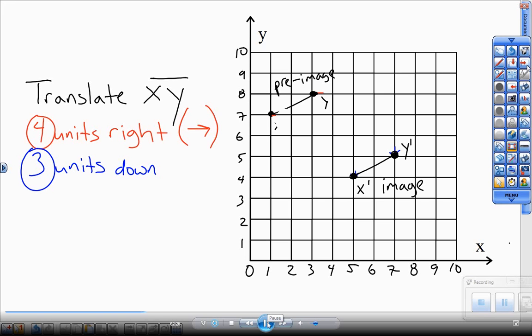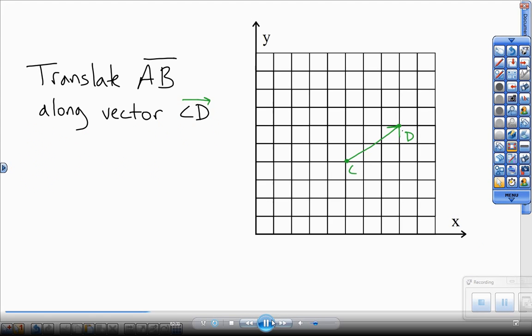Alright, second problem. This one, instead of telling you the directions that they want you to go, they give the directions instead as a vector, what we call it, which is telling you the direction to go. So every vector has a x component and a y component, and you're going to apply that to the line segment we want you to move.